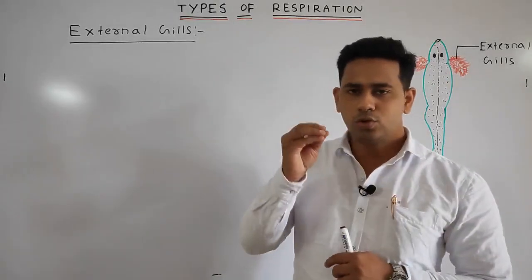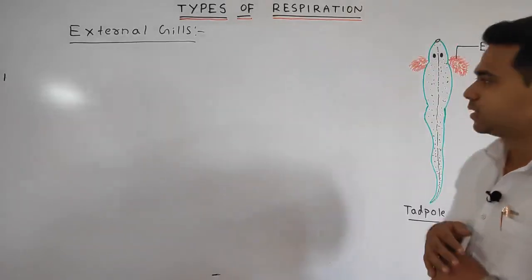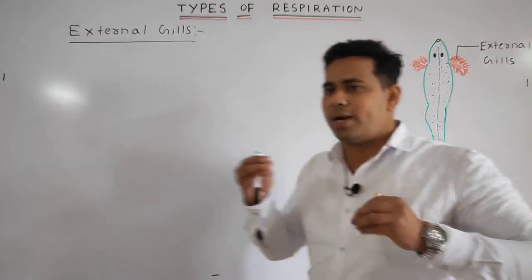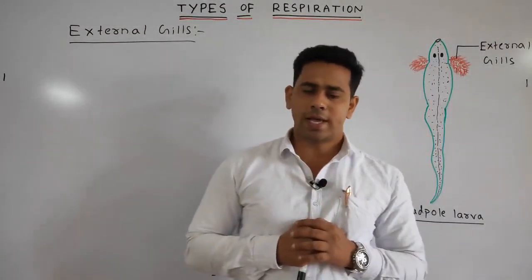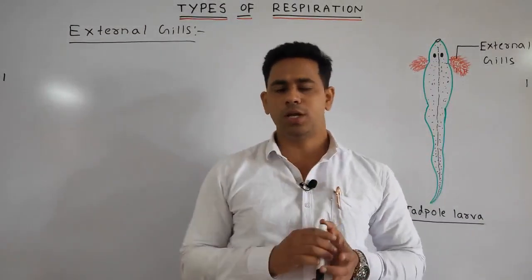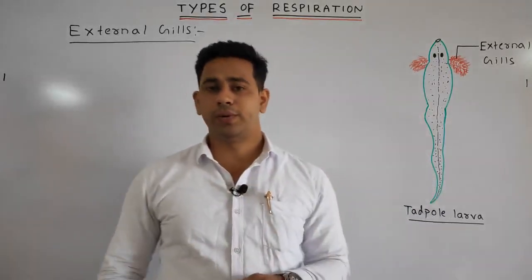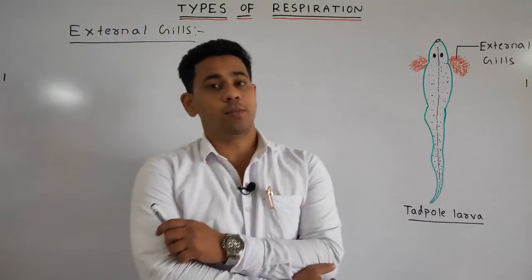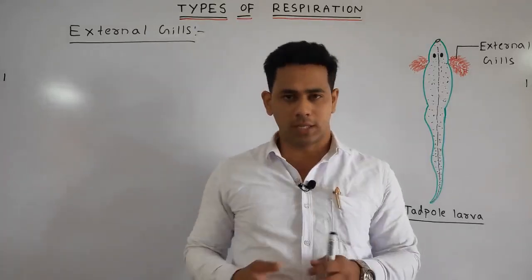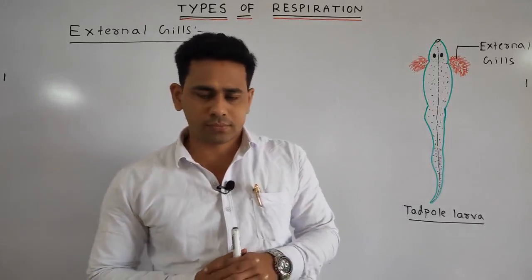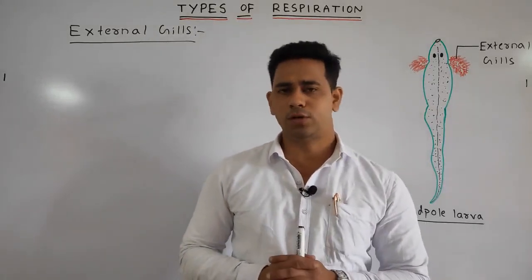So in the case of the external gill, students, the structure is quite simple. The external gills are simple in structure and ectodermal in origin. Remember students, we discussed triploblastic means what? It has all the three germ layers: ectoderm, endoderm and mesoderm.